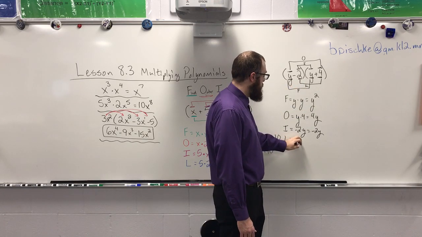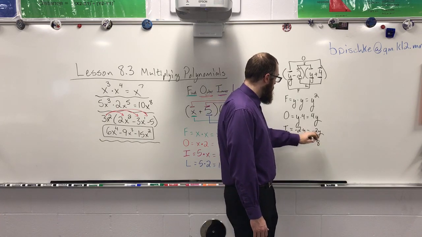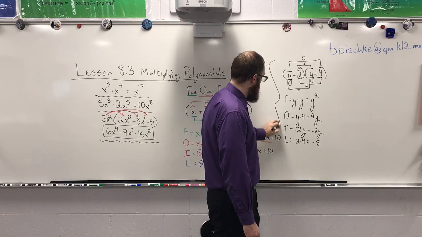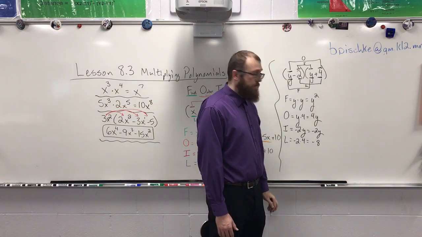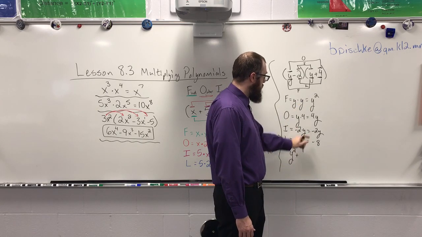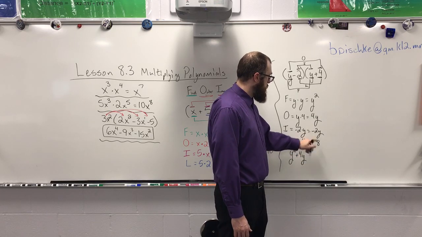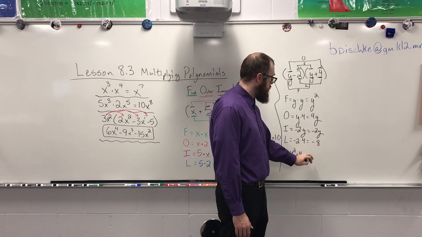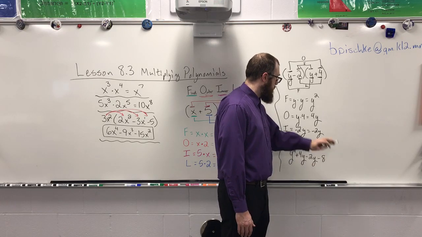So I have negative 2 times 4, which is negative 8. Now we can line them all up. First, y squared, plus outers 4y, plus the inners negative 2y, plus my lasts negative 8.